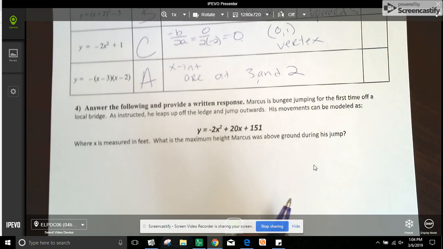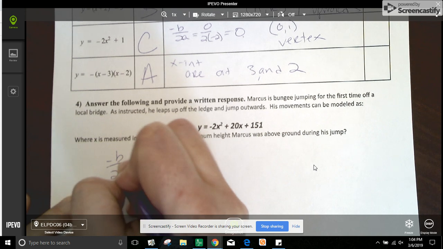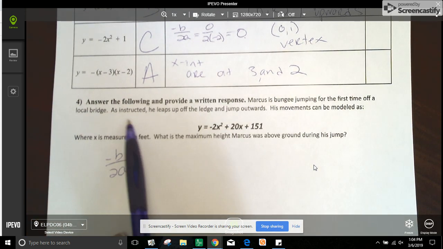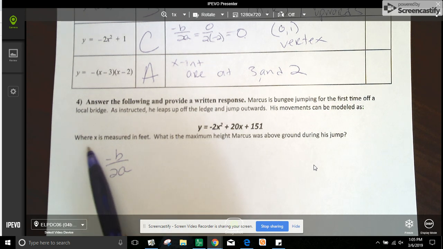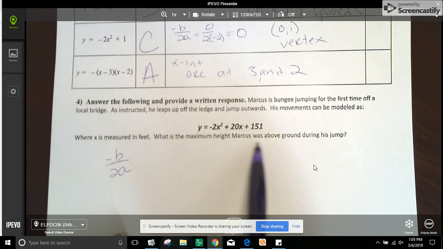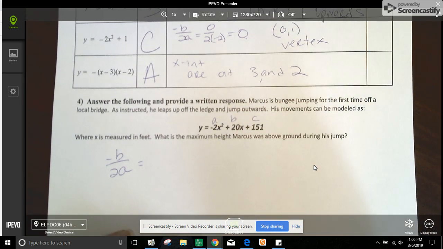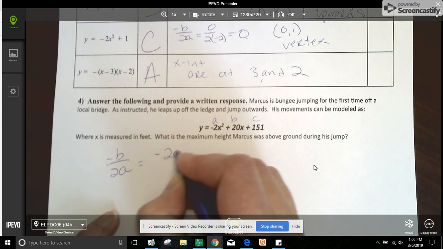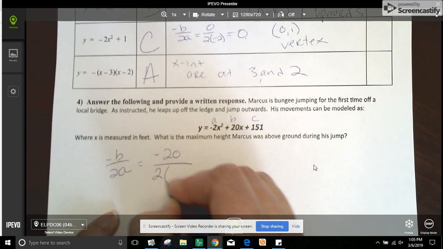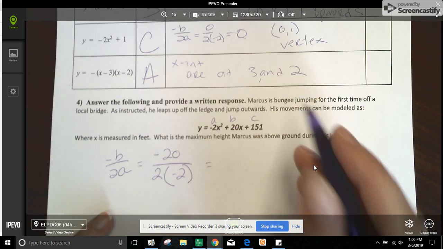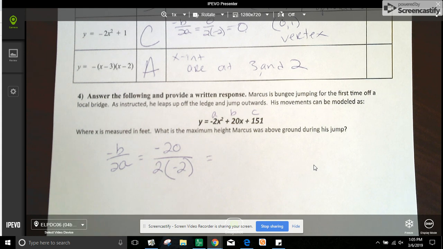For the word problem, I told you that the formula was negative b over 2a. So they want to know if you jump off a bridge, what is the maximum height he reaches? So remember, this is A, B, C. So negative b, which is 20, over 2 times a, which is negative 2, equals 5.